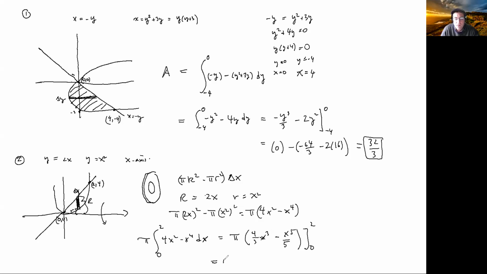When we stick in 2, we get pi times 4/3 times 2 cubed, which is 8, minus 32, that's 2 to the 5th over 5. And if you do the arithmetic, you should get 64 pi over 15. Okay, very good.